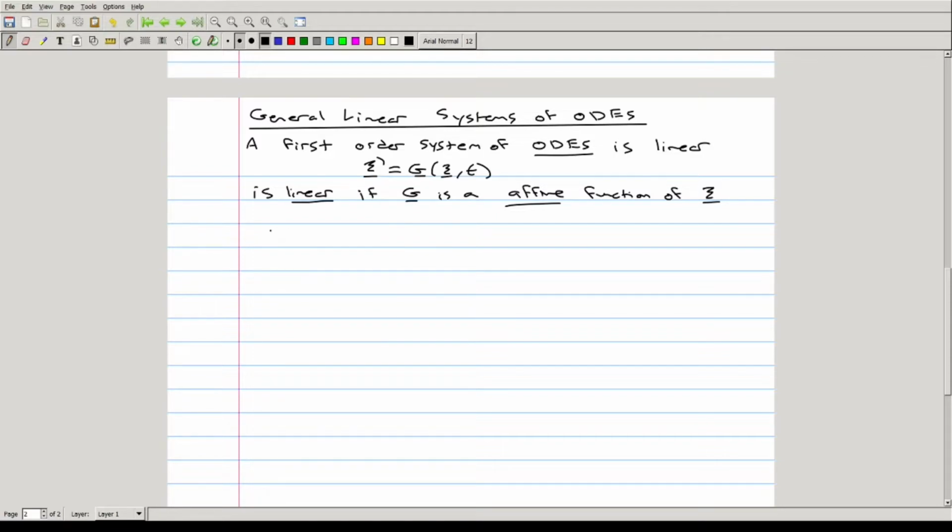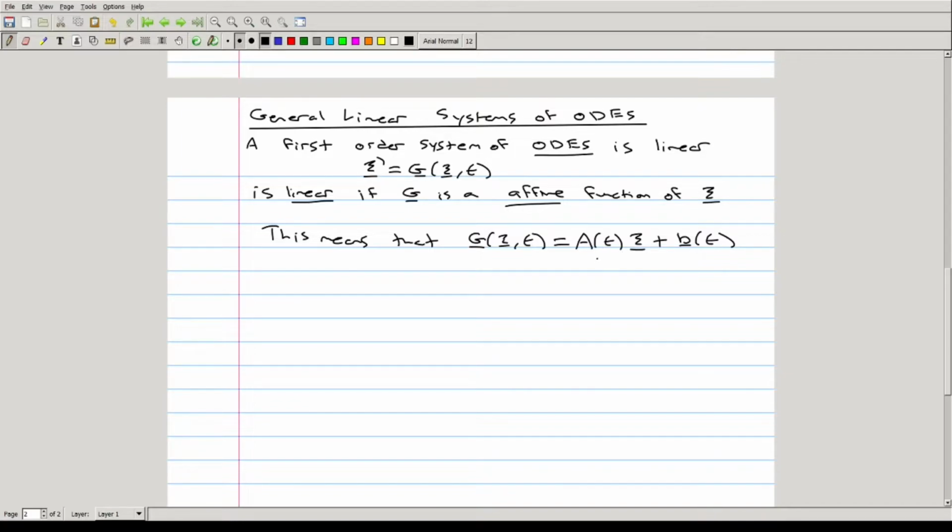So this means that g of xi, t will be equal to some A of t times xi plus some vector B of t, where this is matrix multiplication.